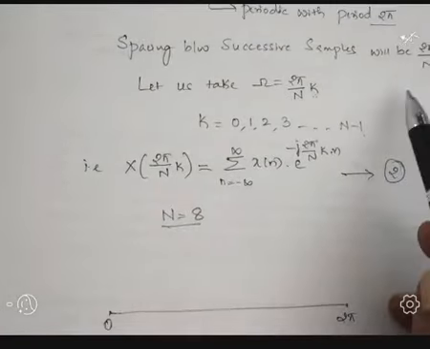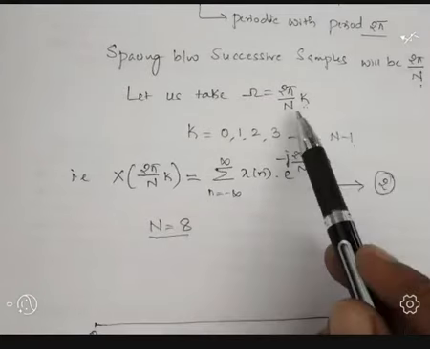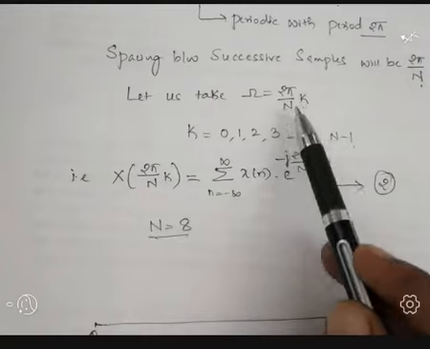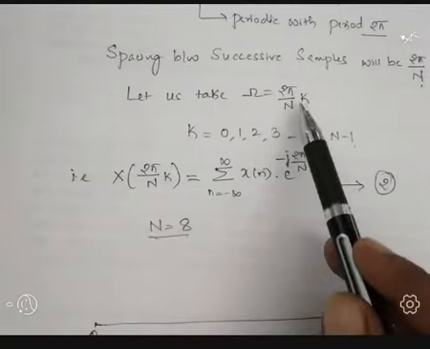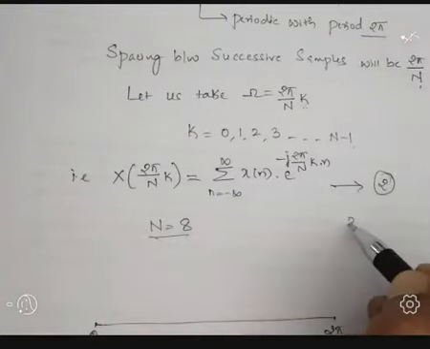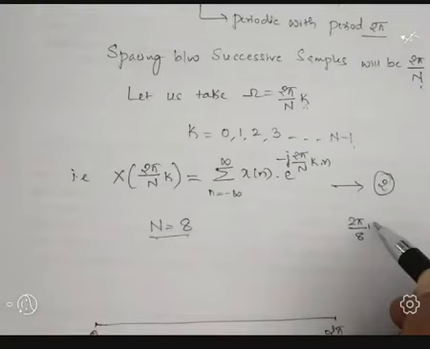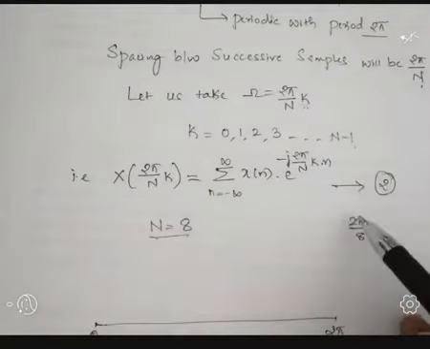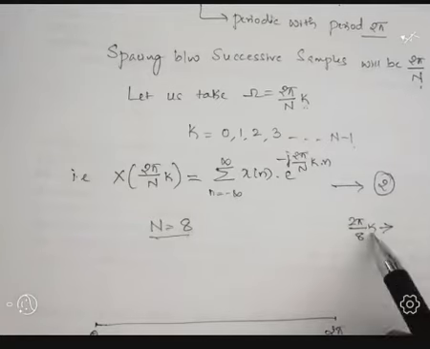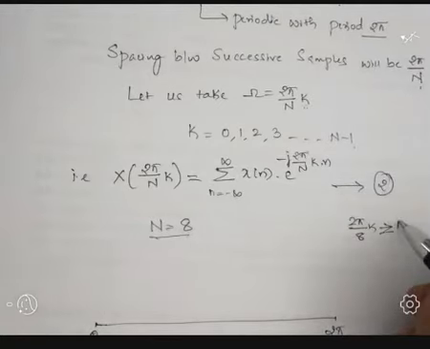In this case, 2 pi by N into k, that is 2 pi by 8, which becomes pi by 4 into k.